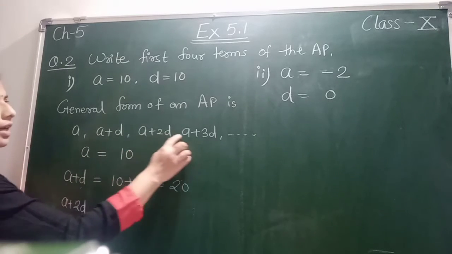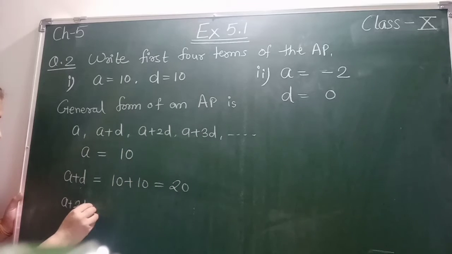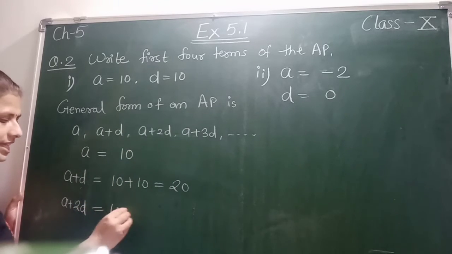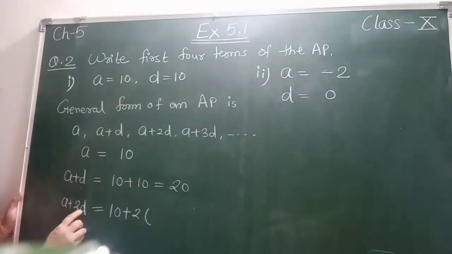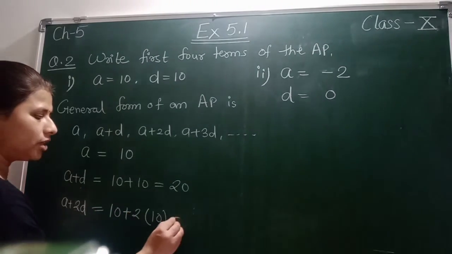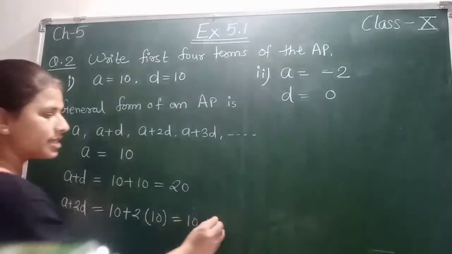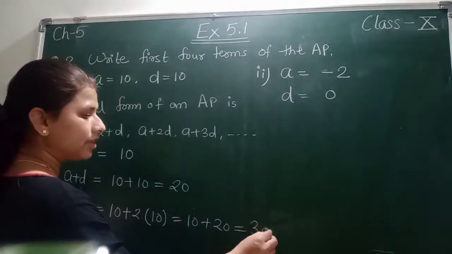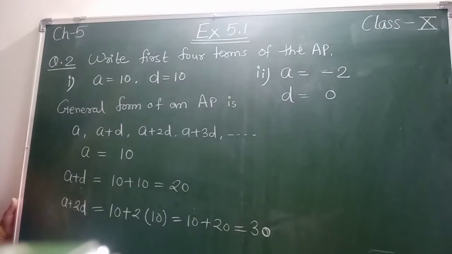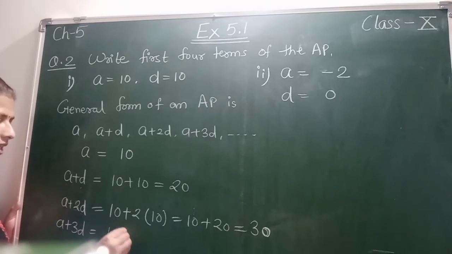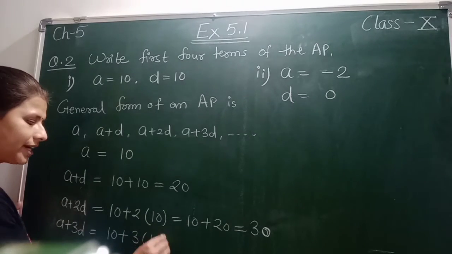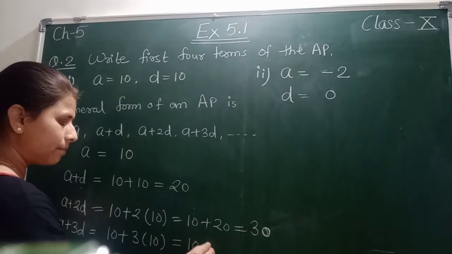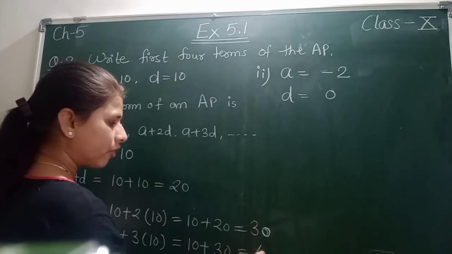Third term, according to the general form, is a plus 2d. The value of a is 10, plus 2 into, within bracket, the value of d, which is 10. 2 tens are 20, 20 plus 10, we will get 30. This is the third term of this AP. Now we will find the fourth term, a plus 3d. a is 10, plus 3 into 10, which is 10 plus 30, we will get 40.